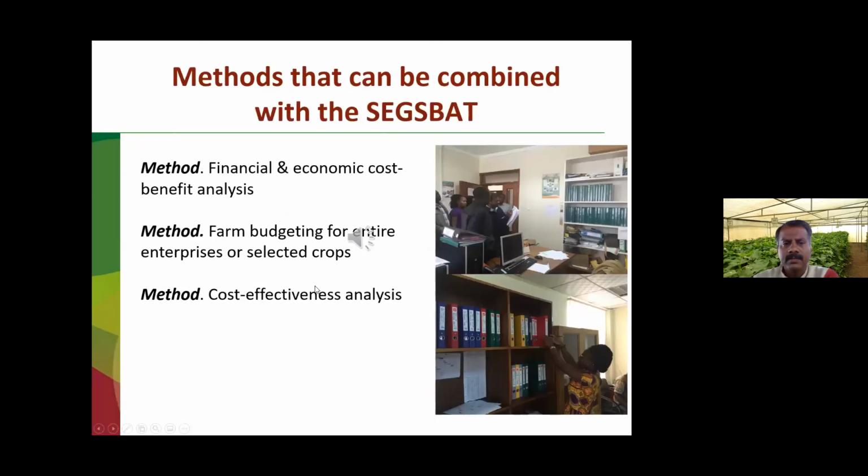So in order to understand the financial performance of the early generation seed business, we have used a financial and economic cost benefit analysis. It's basically to understand the cost of production, the revenue flows, the cash flows, and also the profit, and in addition to understand the revolving fund mechanisms.